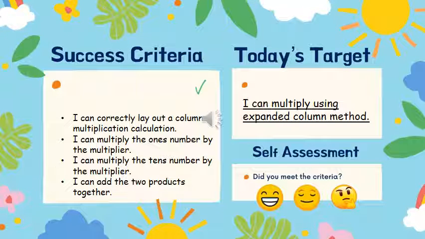We're going to continue with expanded column method for multiplication today. We're going to bring in those new times tables that we've been learning, the 6s, 7s and 9s. Are you ready?